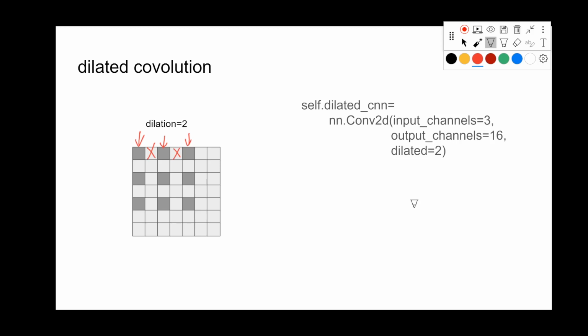Because we're still doing the 3 by 3 CNN operation, the computation cost is the same, but we can see a larger receptive field. For example, if we're using the original 3 by 3, we can get this area only, the 3 by 3 area only. But by using the dilation, we can increase the receptive field to be 4 by 4.